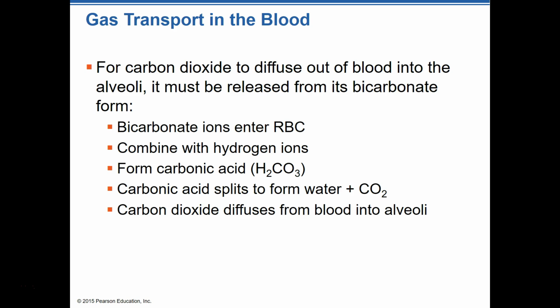So carbon dioxide will be stored in bicarbonate, and then it will combine with hydrogen ions to create carbonic acid. Don't get all caught up in the weeds on that. I just wanted you to have an idea of how CO2 is transported. So if asked, CO2 is usually transported in the form of bicarbonate.